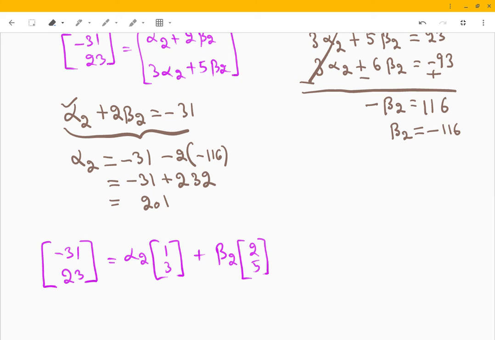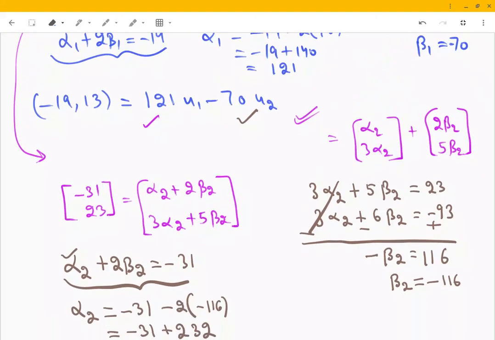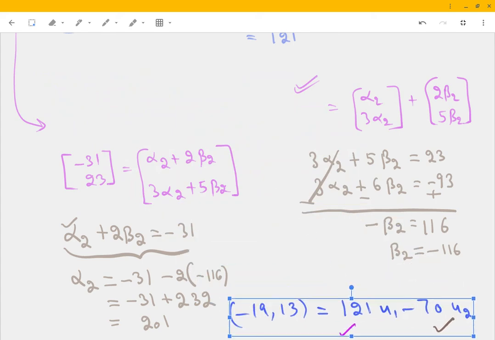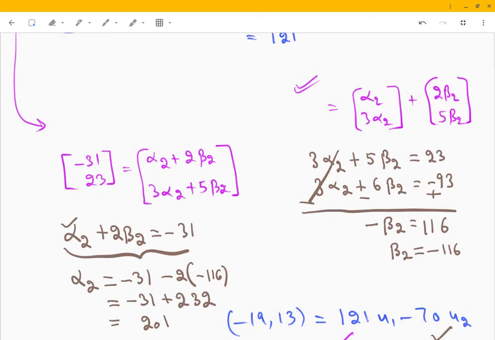So in place of alpha 2, now we have 201. Let me write these values. In place of alpha 2, I have 201. And in place of beta 2, I have negative 116. Right? And about the first vector, this is what I have for the first vector. Right?